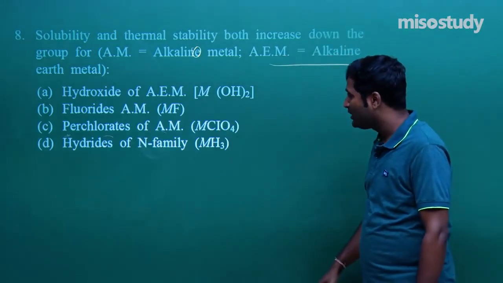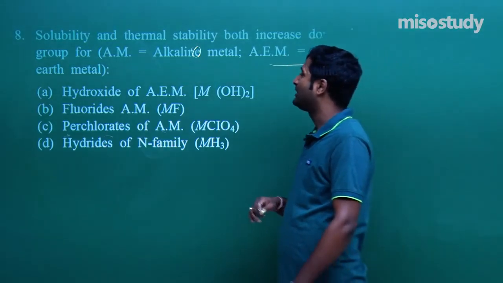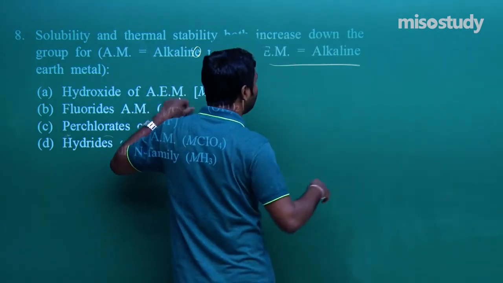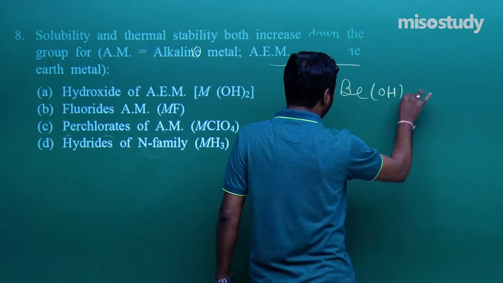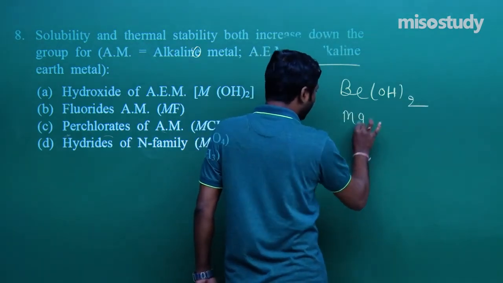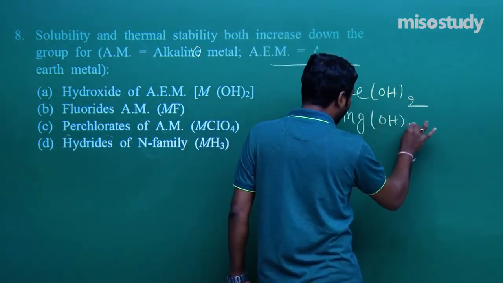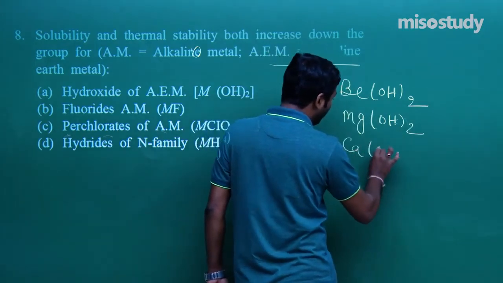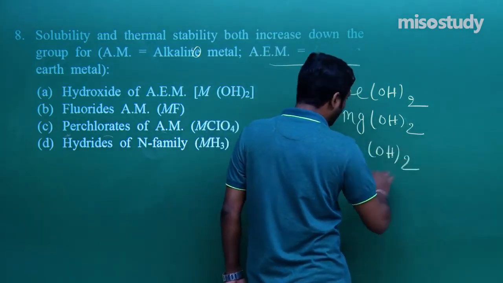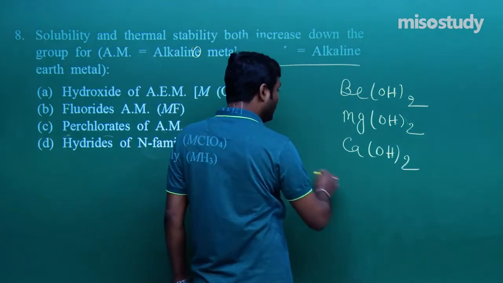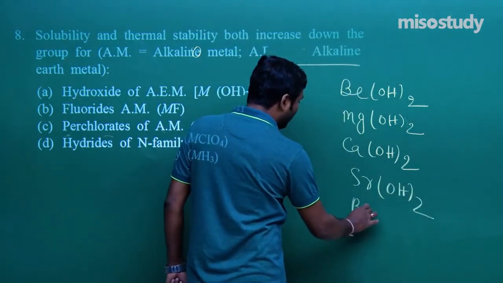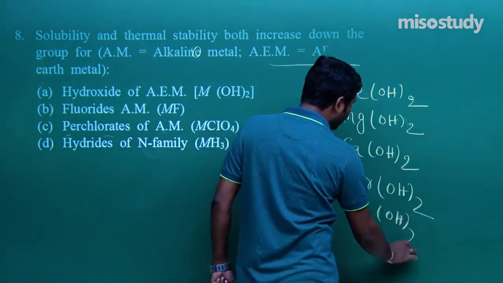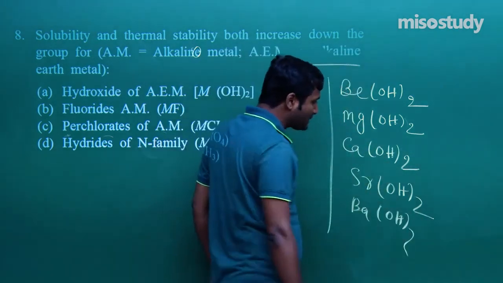Now, if I talk about the hydroxides of AEM, alkaline earth metals, that is Be(OH)2, Mg(OH)2, Ca(OH)2, Sr(OH)2, and then Ba(OH)2. These are the hydroxides.